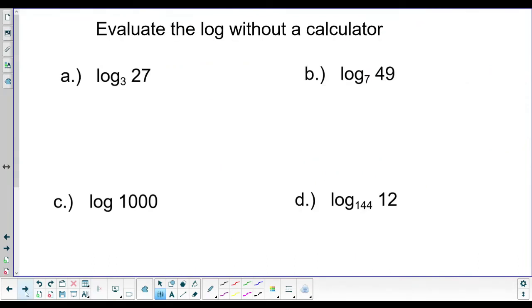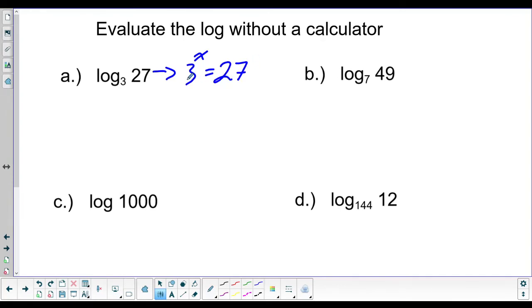All right. So let's evaluate some logs without a calculator. Okay. This is just what we were doing earlier. We are going to look at the base. We're going to rewrite it as an exponential and then guess the exponent. So if I rewrite this in exponential form, this is 3 to what power equals 27.